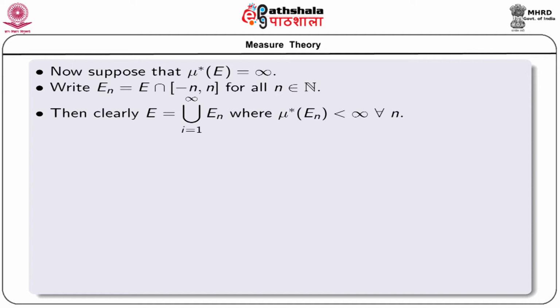Also, since the union of all these closed intervals minus n to n is equal to the set of all real numbers R, we have E is equal to union n equal to 1 to infinity E n.